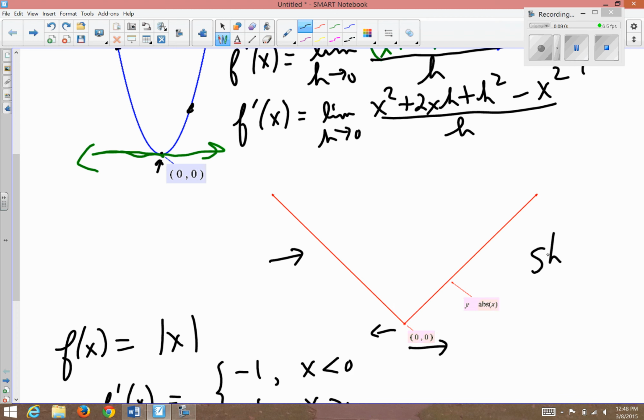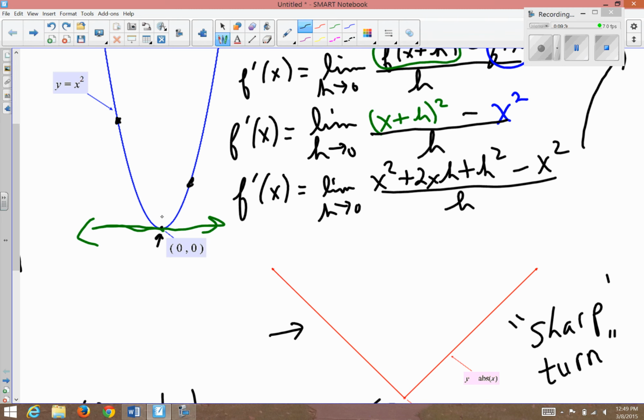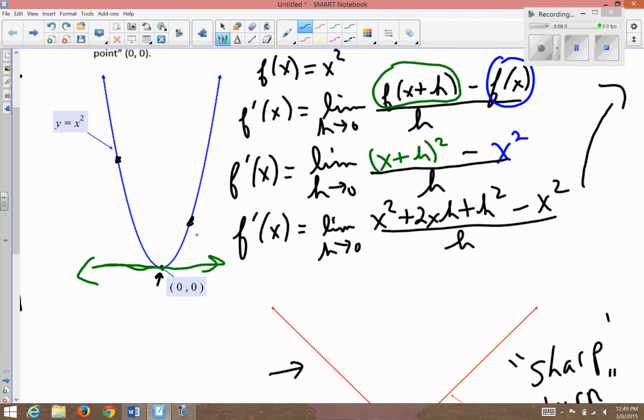The absolute value function, we say it has a sharp turn at 0, 0. When a function has a sharp turn, we say there's no derivative at the turn. We say not differentiable at the sharp turn. If the function has a smooth turn, we say the derivative there is 0. So there is a derivative.